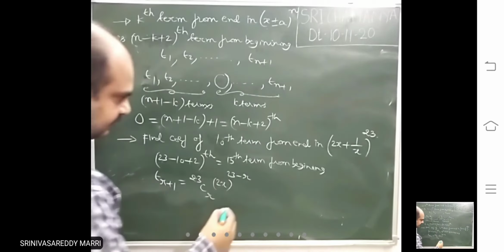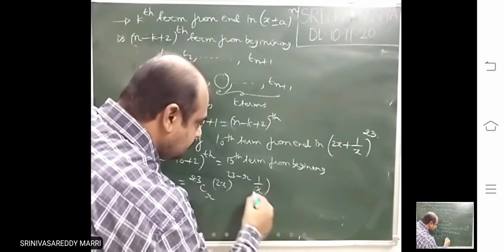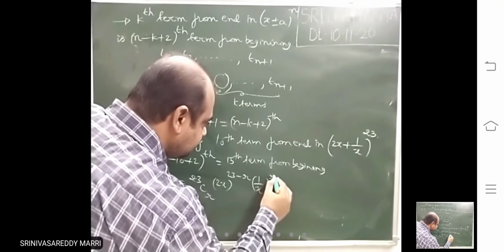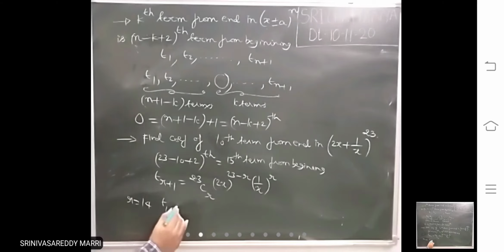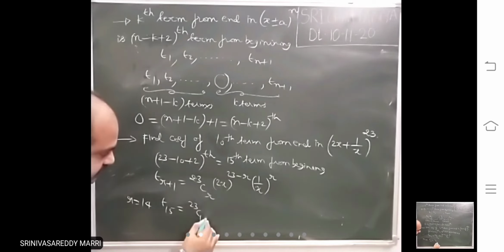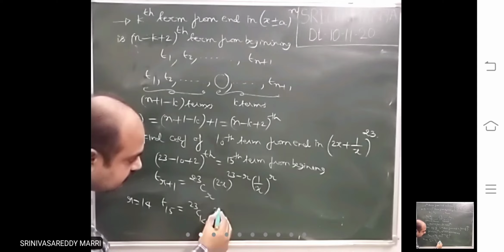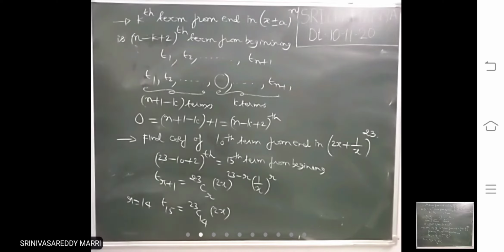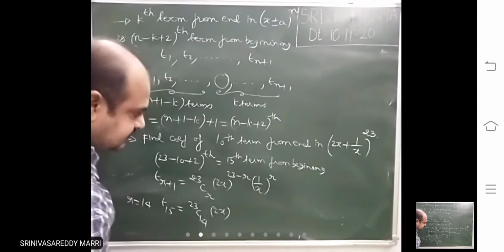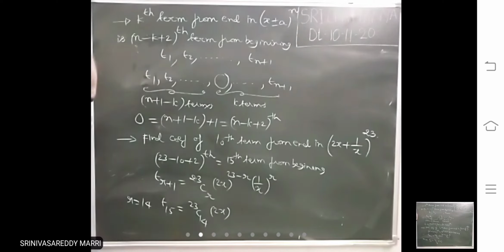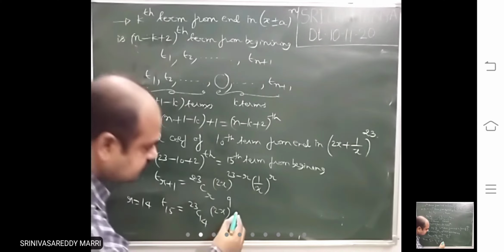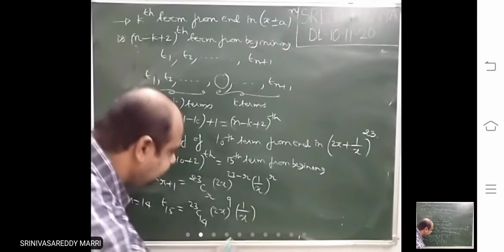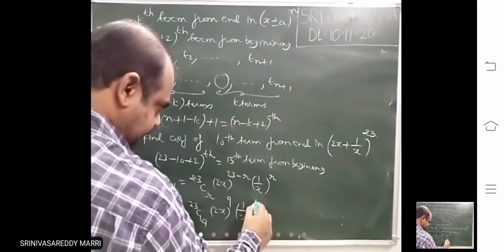Now the 15th term you need to calculate, so R equals 14. Then you get 23C14 into 2x to the power 9 into 1 by x to the power 14.